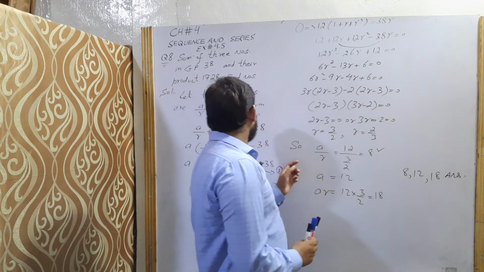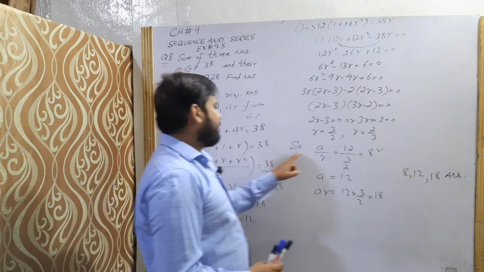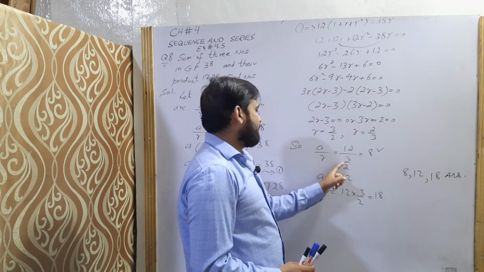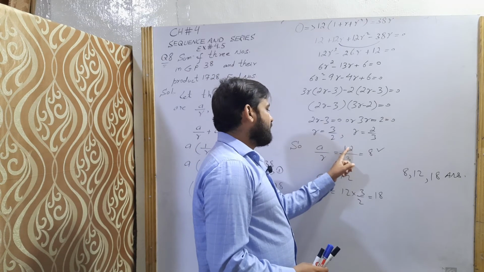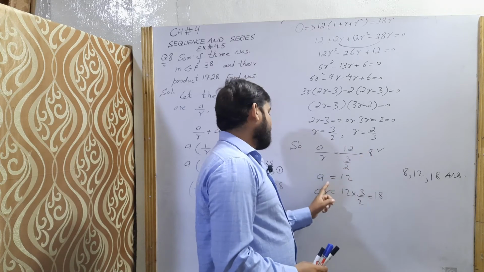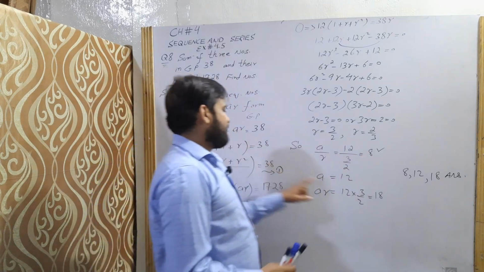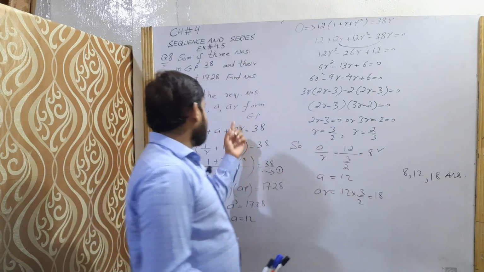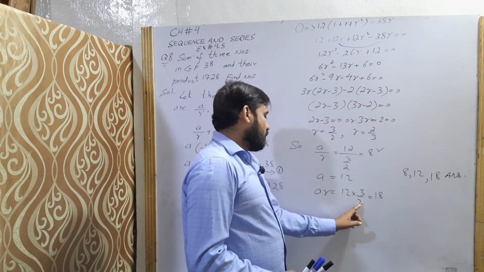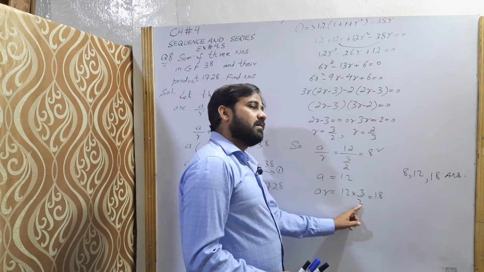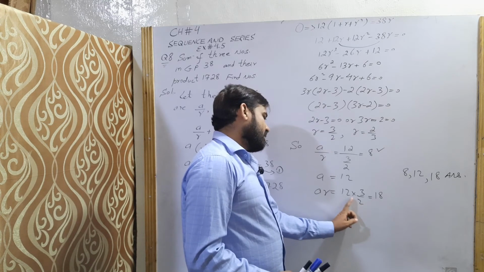So the first number is A over R, put A equal to 12 and R is 3/2. So this is 3 4s are 12, so there is 4 into 2, 8, and the next number is A, which is 12, and the next number is AR, with A is 12 and R is 3/2, so 12 with the cancellation of 2, 6 3s are 18.